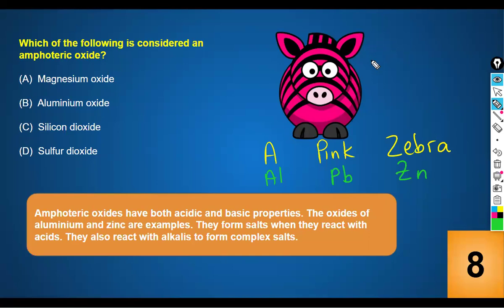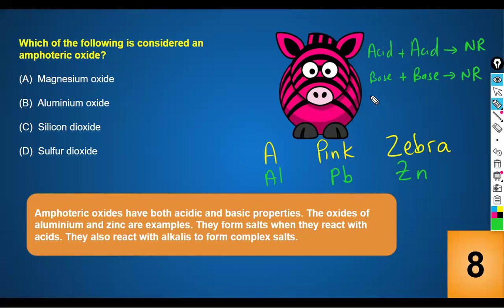I just want to quickly review, right? If I have an acid plus an acid, if you mix two acids together, you normally get no reaction. If you mix a base and another base, you get no reaction, NR.